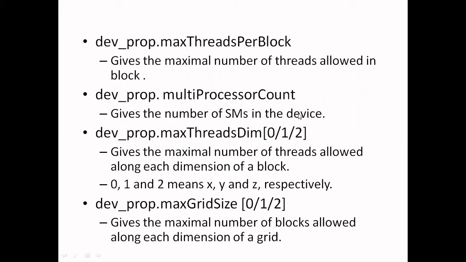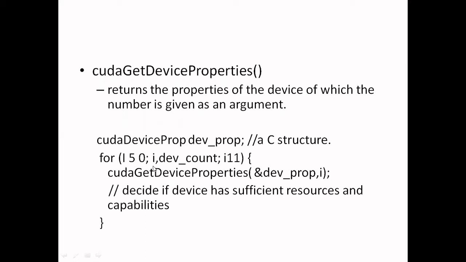Here you have a variable dev_prop of type cudaDeviceProp, which is a C structure where you can store different properties of the device. So when you call this function cudaGetDeviceProperties, the structure is sent there.